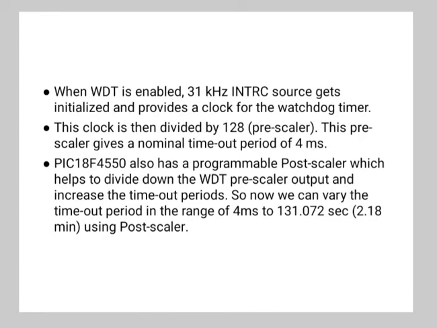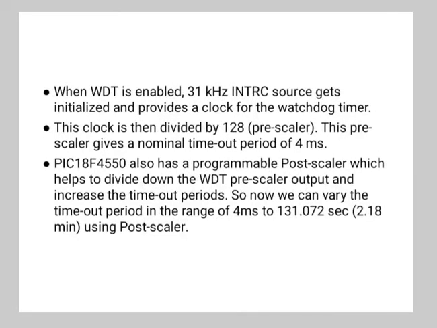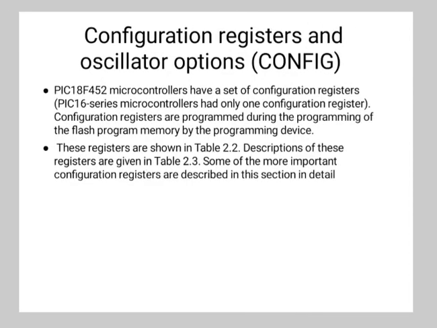This prescaler gives a nominal timeout of 4 milliseconds. Then it has a programmable post scaler which helps to divide down the watchdog timer prescaler output and increase the timeout periods. So now we can vary the timeout period in the range of 4 milliseconds to 131.072 seconds using the post scaler.